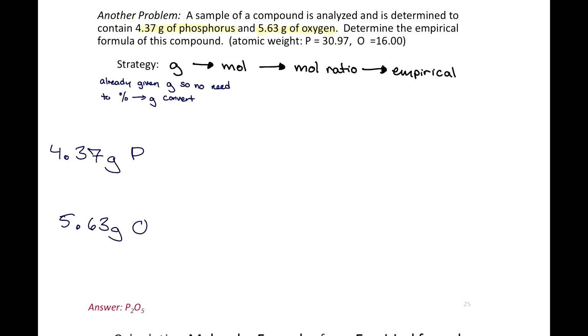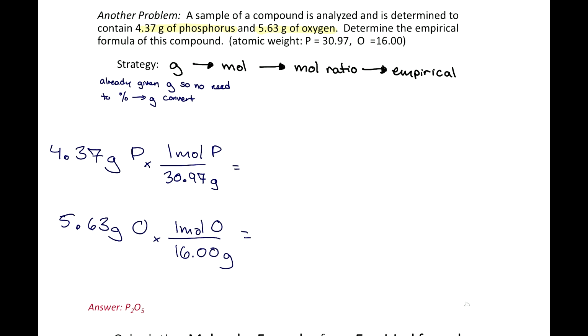The whole point of getting it into gram amounts is so then we can use molar mass to convert it into mole amounts. So we'll use the periodic table. Phosphorus is 30.97, so 30.97 grams of phosphorus is 1 mole of phosphorus, and oxygen is 16.00 grams per 1 mole of oxygen.